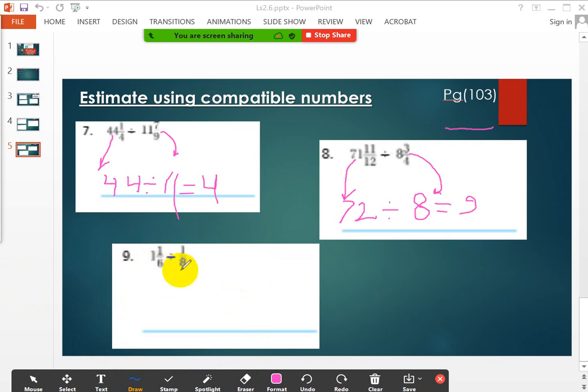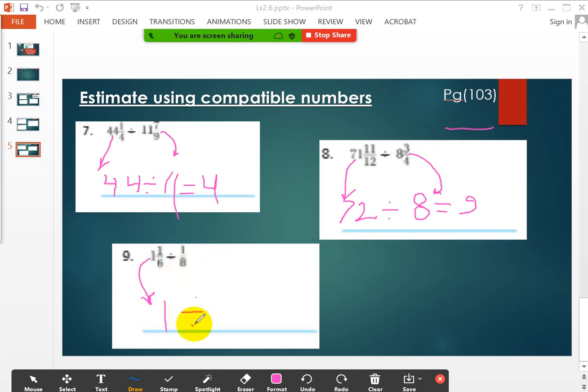Let's now solve number 9. 1 and 1 over 6 divided by 1 over 8. I will use compatible numbers. So what is the closest whole number to 1 and 1 over 6? The closest is 1. Very good.